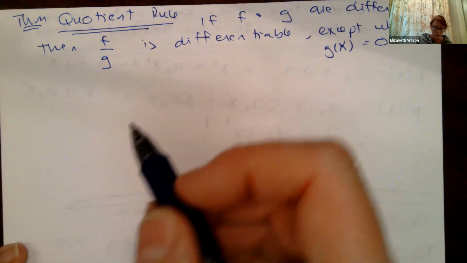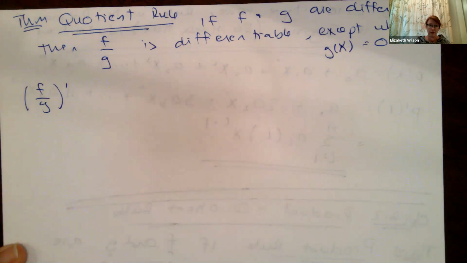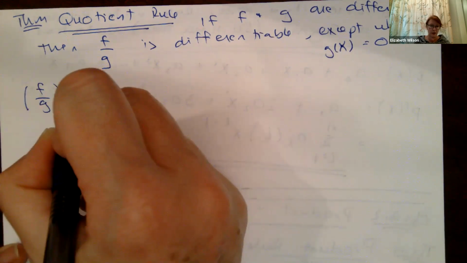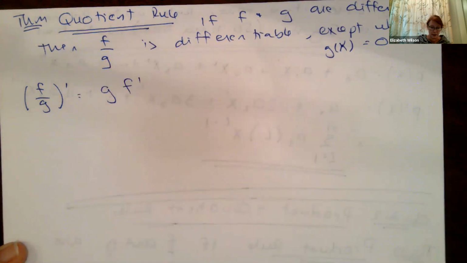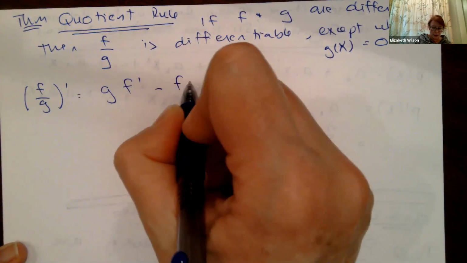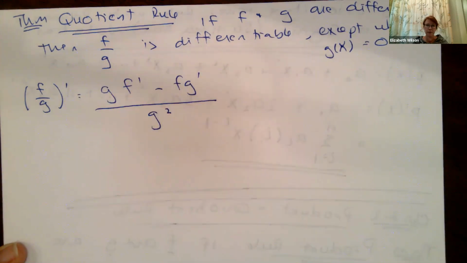Okay, so I've got f over g, and I want to take its derivative. What we do is we say the bottom times the derivative of the top minus the top times the derivative of the bottom, all over the bottom squared. Order here is important because I'm subtracting. Write that down.